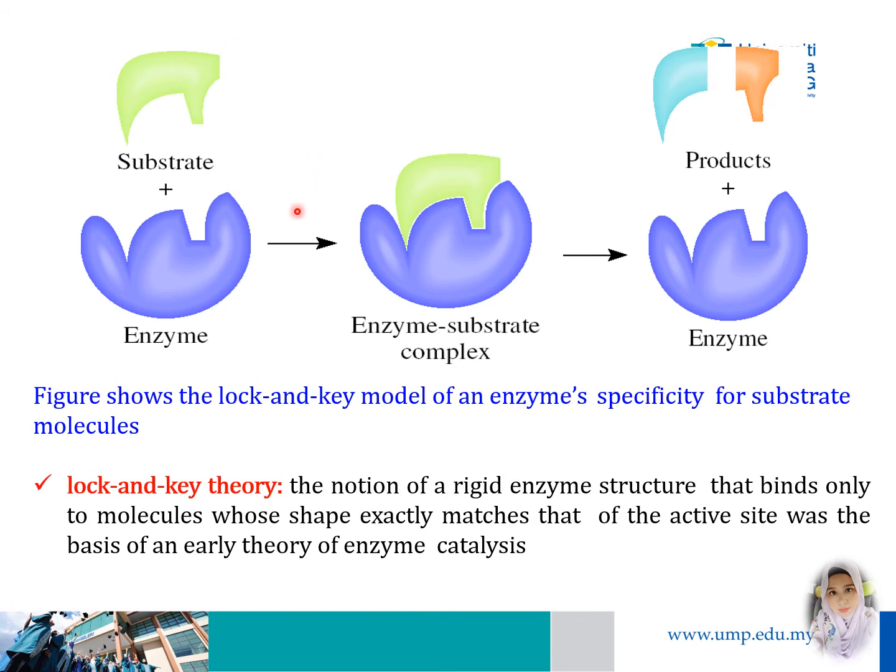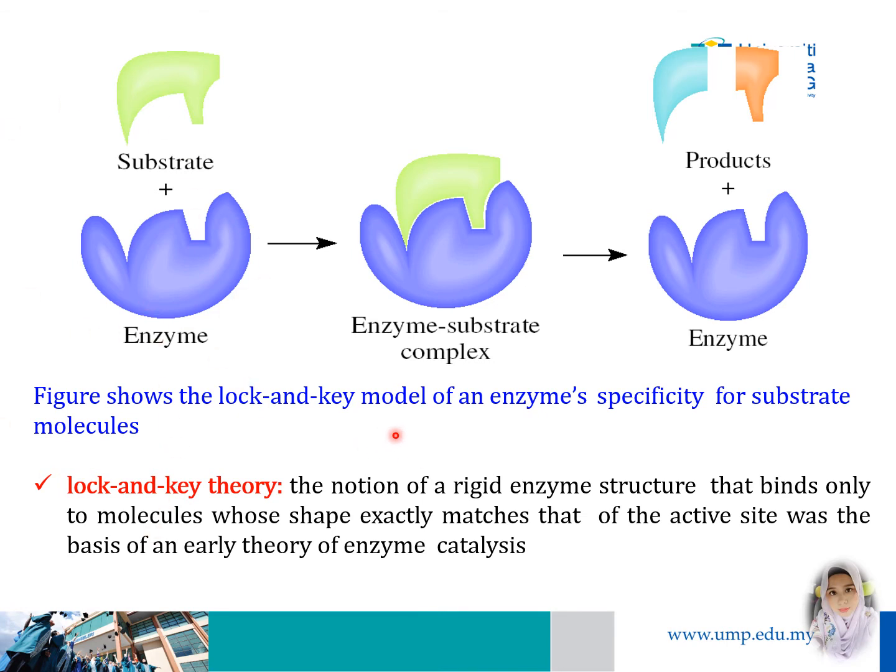The specific action of an enzyme with a single substrate can be explained using a lock and key analogy, first postulated in 1894 by Emil Fischer. In this analogy, the lock is the enzyme and the key is the substrate. This means that only the correct size of key, or substrate, can fit into the keyhole, or active site, of the enzyme.